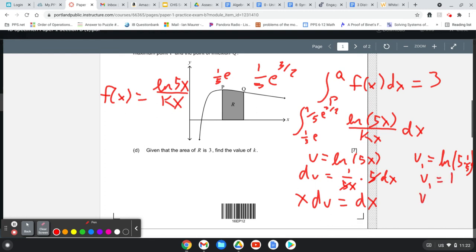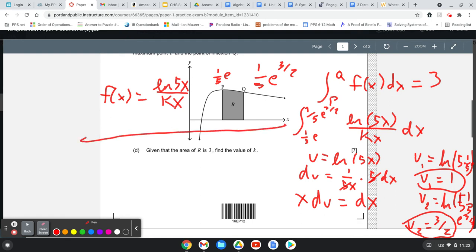And then u2, similarly, is the natural log of 5 times 1/5 e to the 3 halves. Sorry, can't quite fit it in there. And that all cancels out to just be 3 halves. It's nice to do your bounds of integration at this time so you don't have to worry about it at the end.